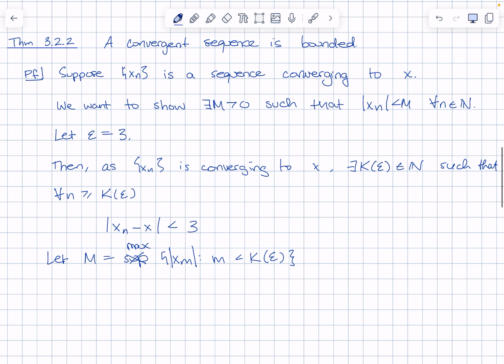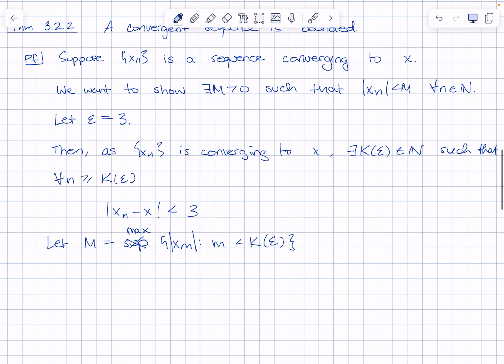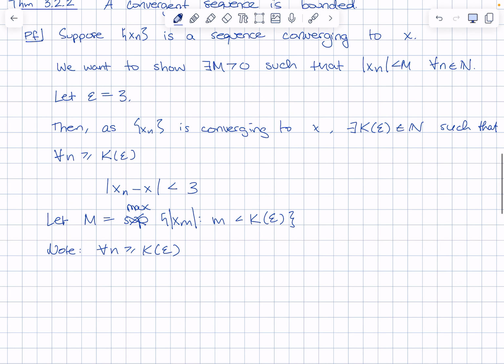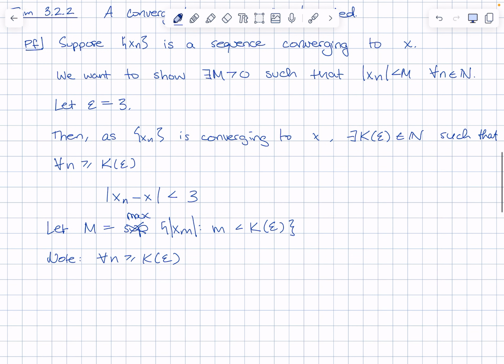Okay. So now note, for all n greater or equal to k epsilon, we know the absolute value of xn, we're going to use our lovely triangle inequality.